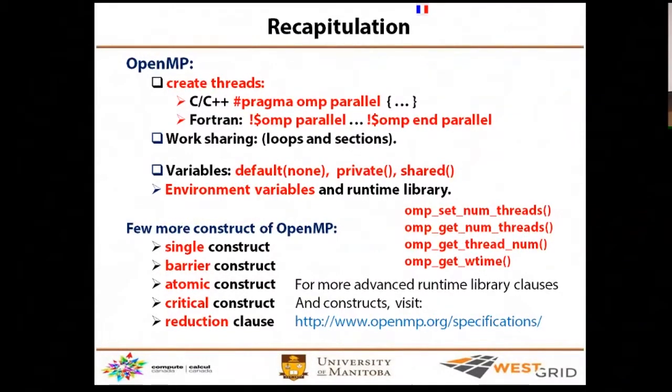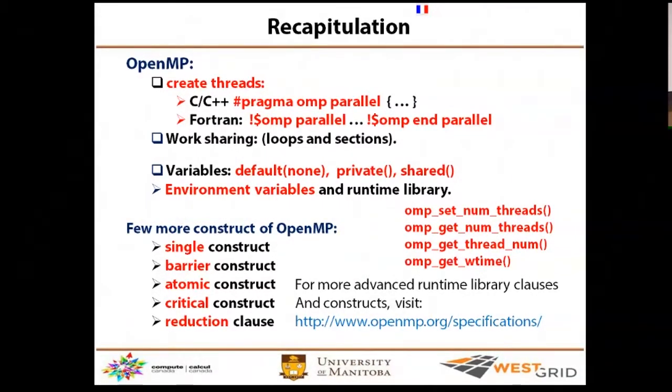You can only talk about threads inside this parallel region, and to share the work when we use loops or sections. For the variables, remember to add default none, because it's very useful for debugging: if you forget to declare any variable, when you compile you will see a warning about this, so you have to define your variables.